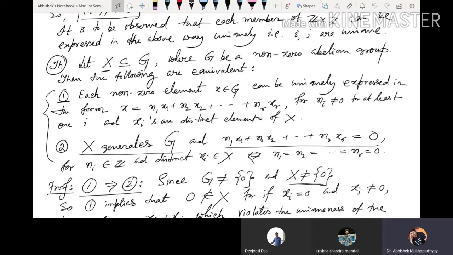That is, each non-zero element x can be uniquely expressed in the form x = n1x1 + n2x2 + ... + nrxr, for ni not equal to 0 for at least one i, and the xi's are distinct elements of X. And number 2 is X generates G, and n1x1 + n2x2 + ... + nrxr = 0 if and only if n1 = n2 = ... = nr = 0. So 1 and 2 are equivalent to each other.